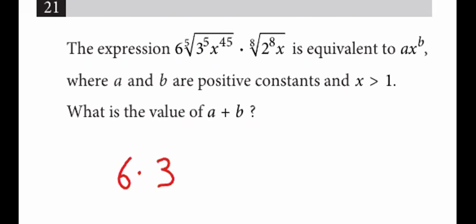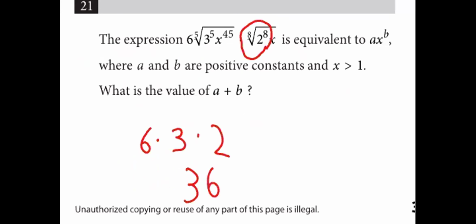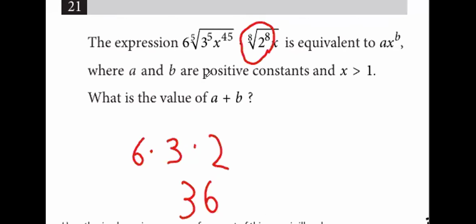For the second one, we have 2 to the eighth and the eighth root, so we'll just have 2. So times 2. 6 times 3 is 18, times 2 is 36. So that's the first part, for a.